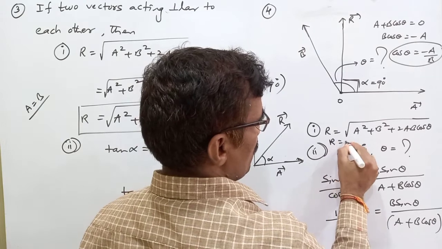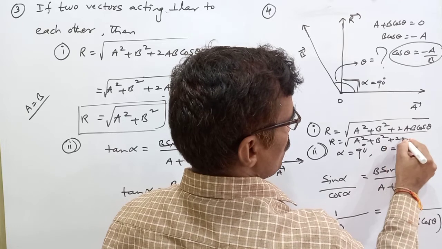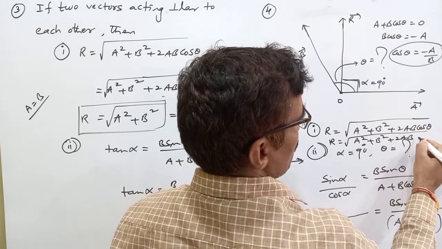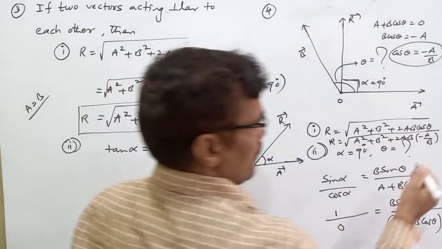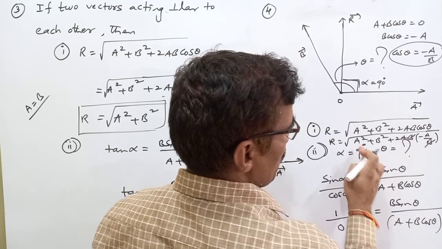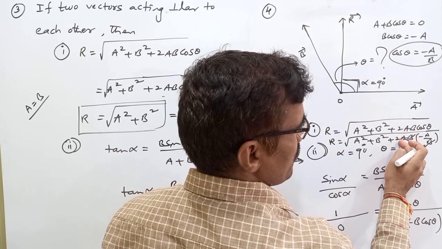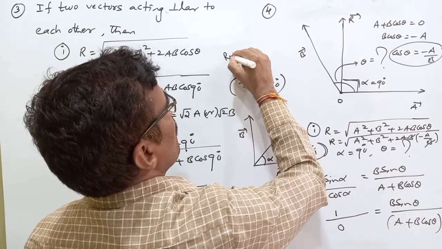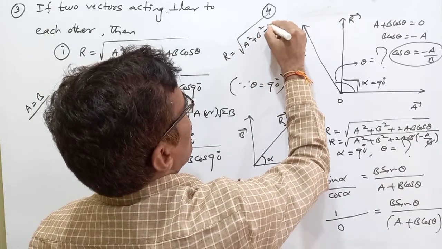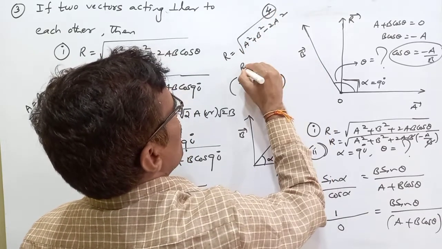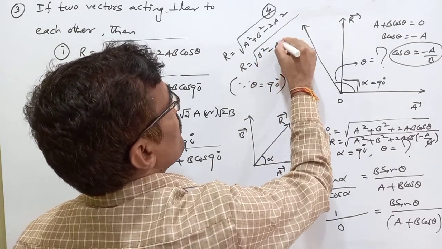So R is equal to root over a square plus b square plus 2ab cos theta, with cos theta equal to minus a by b. Here b and b cancel, a square plus b square minus 2a square. That's why R is equal to root over a square plus b square minus 2a square. Okay, sir. R is equal to root over b square minus a square.